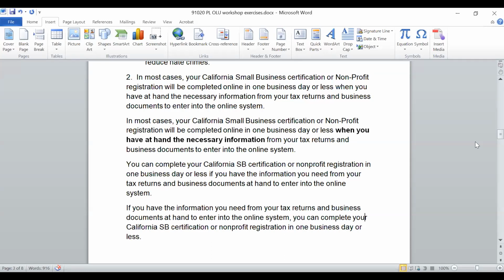There's a question: is "at hand" really necessary? What does that mean? Well, what I understand it to mean, which is not necessarily what it means, is right next to you on your desk, within reaching distance. But that may not be what it means.